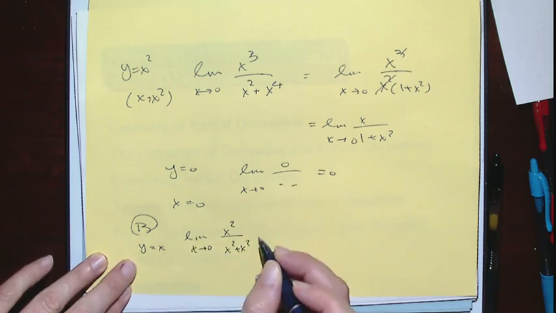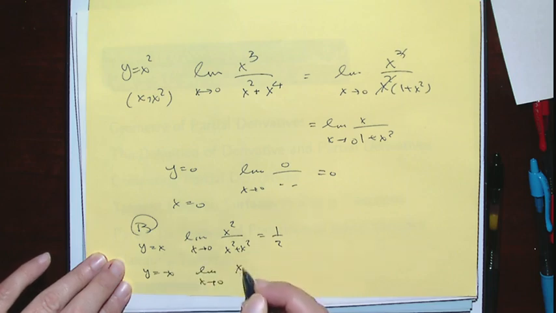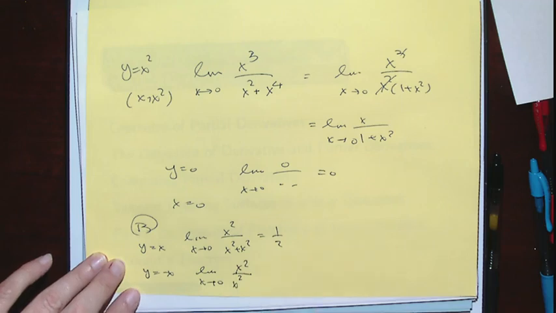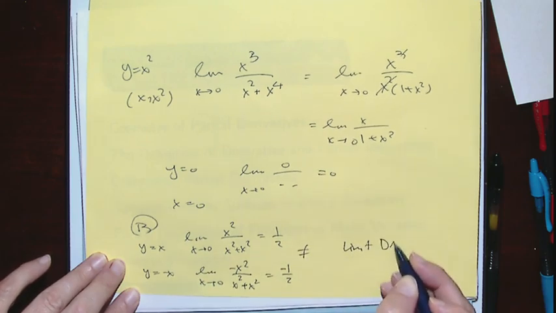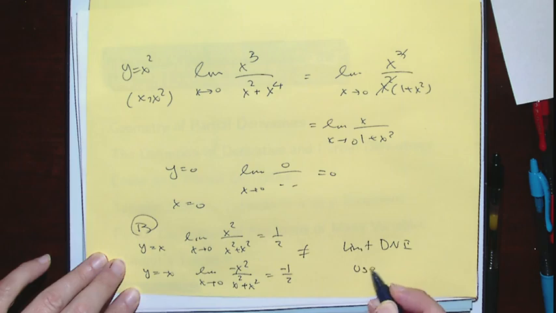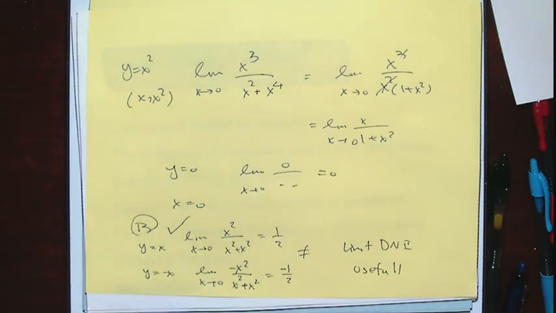X goes to 0, 1/2. Y equal to negative x, not equal. Limit D and E. Useful. So check mark. So that was the answer.